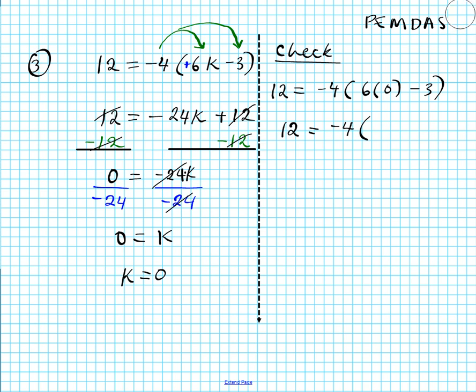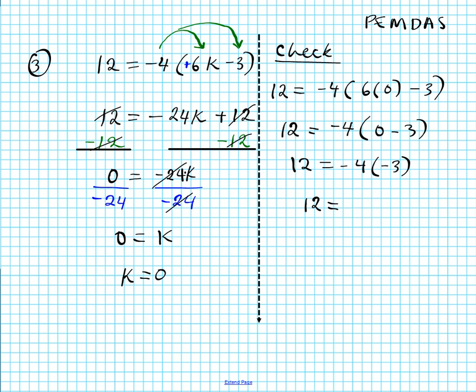Simplify everything before we multiply, right? So parentheses first. 6 times 0 is 0, minus 3. Now 0 minus 3 is just negative 3. And then negative 4 times negative 3 is negative, I'm sorry, it's positive 12.